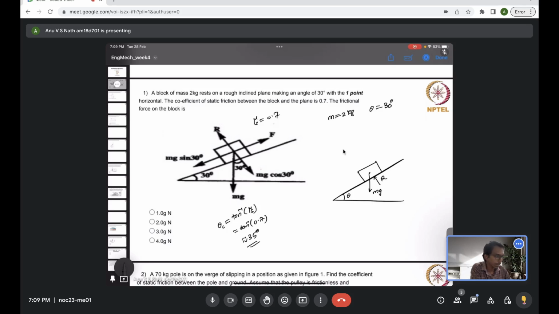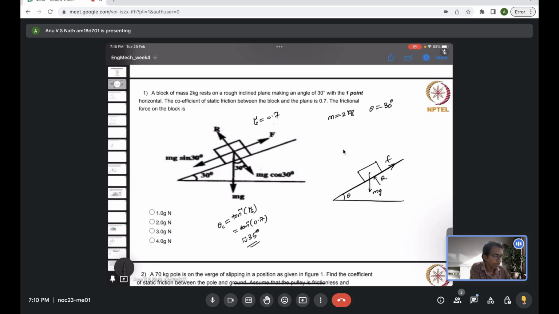And now because we are dealing with friction, earlier we used to neglect the friction, but now we cannot. There's one more force acting on the system, which is the friction, balancing the body to not slide down, acting on the bottom surface along this line, which is the frictional force F. So we are asked to find the frictional force F.